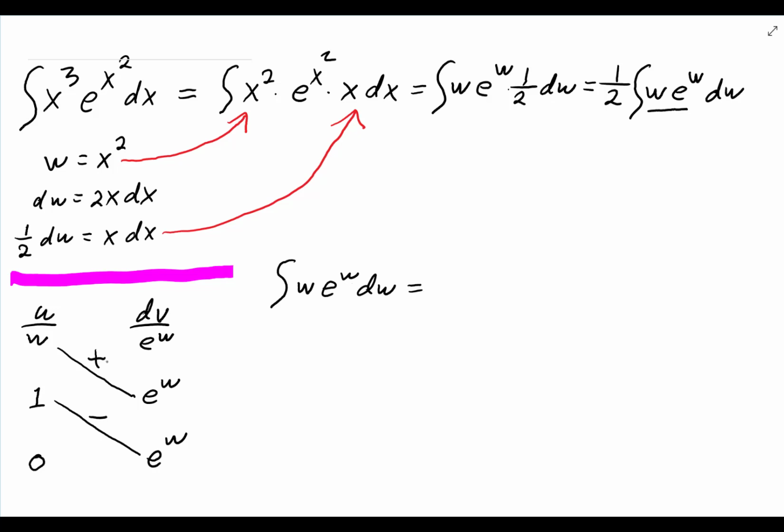It's going to be positive w times e to the w minus 1 times e to the w, or just minus e to the w.